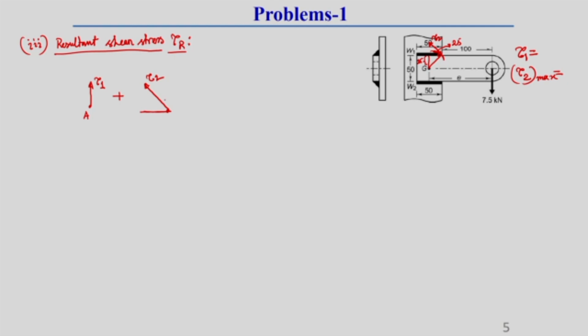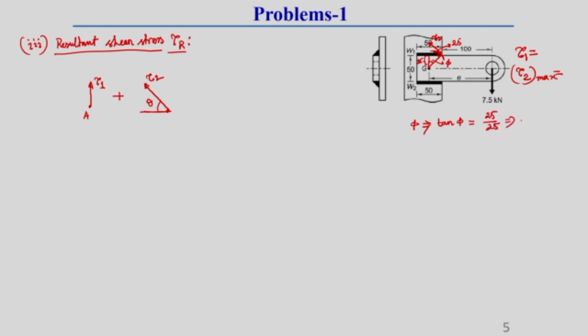So, here we have to find out this theta angle. So, we can easily find out what is the theta angle. So, first we can find out what is this angle, so let this angle be phi. So, this phi angle we can easily find out, tan phi we know, equal to here 25 by 25.